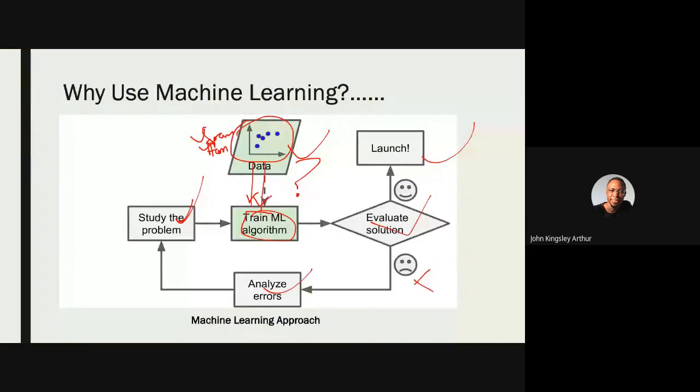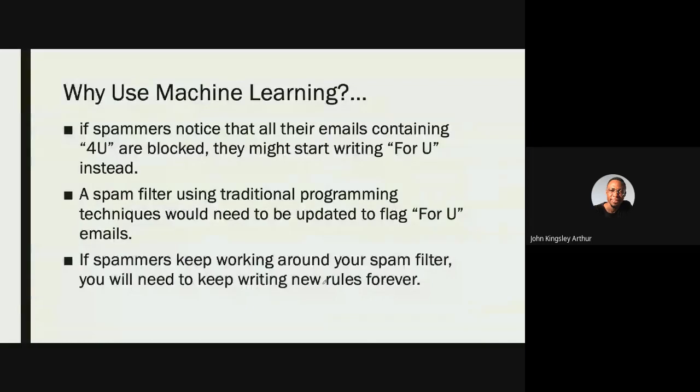All right, so moving on, still trying to answer the question, why use machine learning? Realize that if spammers notice that all the mails containing "for you" are blocked, they may change, instead of using the digit 4 and "you", to using letters for "you", right?